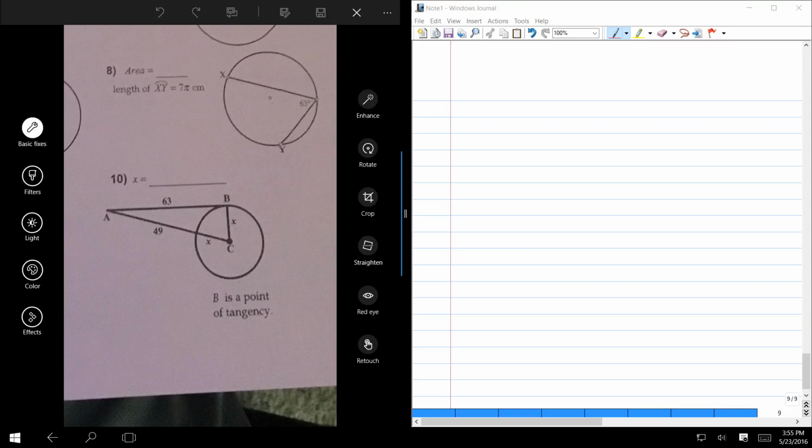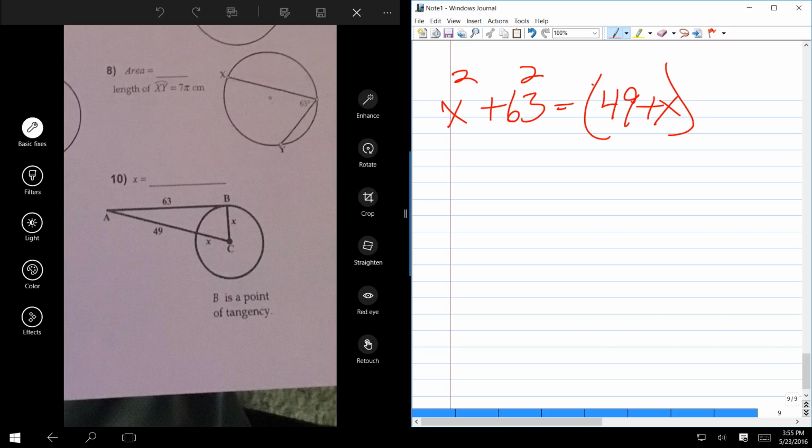X squared plus 63 squared equals 49 plus x squared. So x squared plus 63 squared equals the quantity 49 plus x squared?